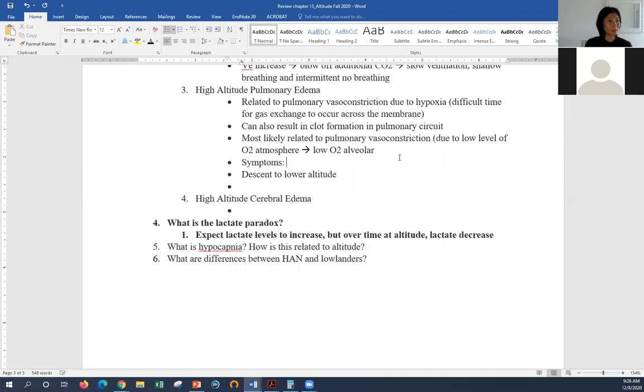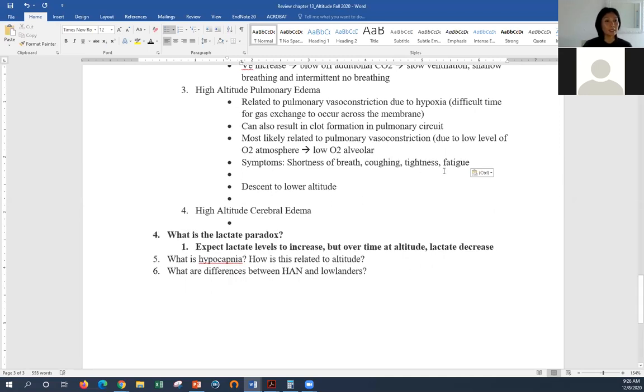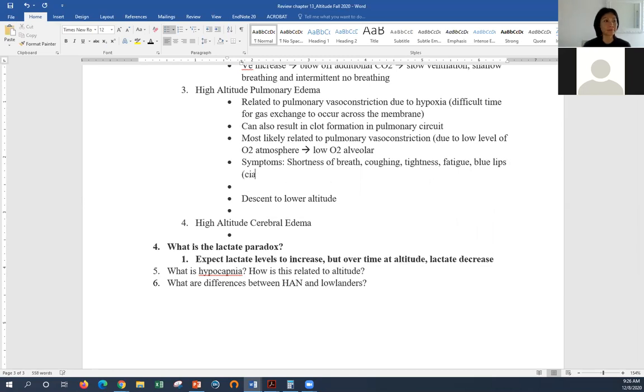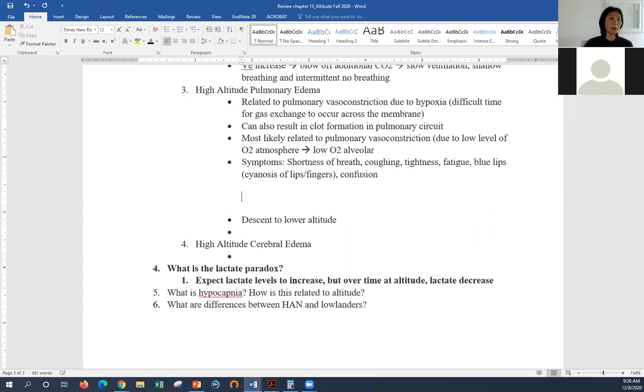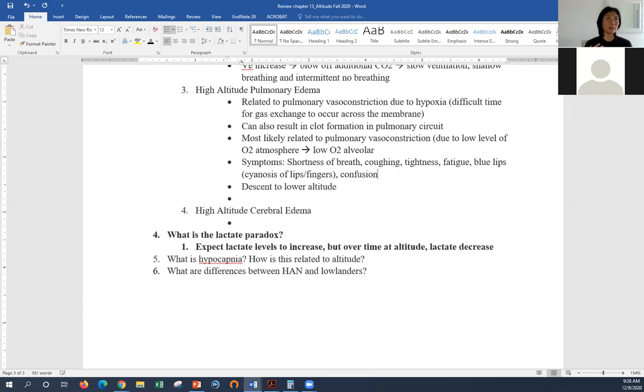So the symptoms: shortness of breath, coughing, tightness in the chest, fatigue, blue lips or cyanosis, lips, fingernails, confusion. It's apparent that the person is not having efficient oxygen exchange at the lung.